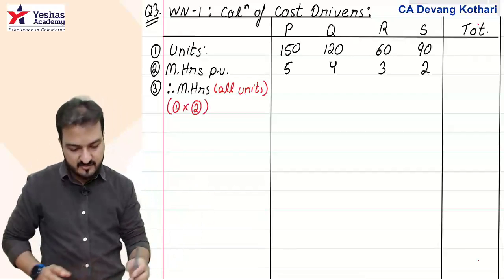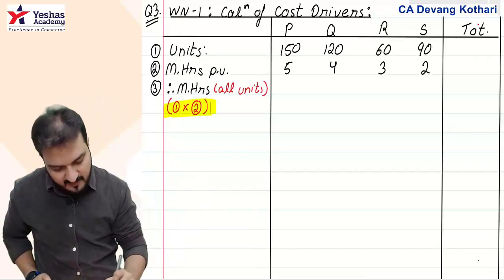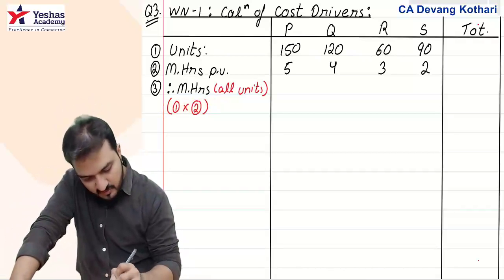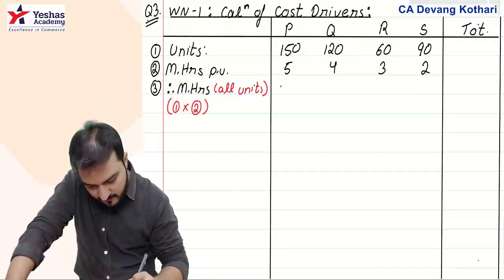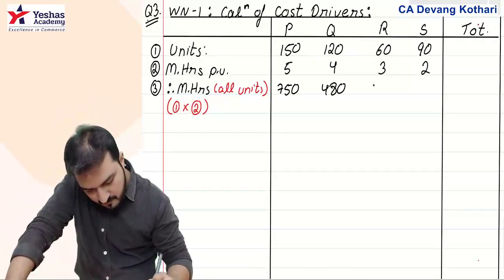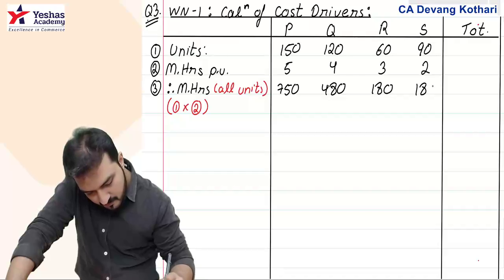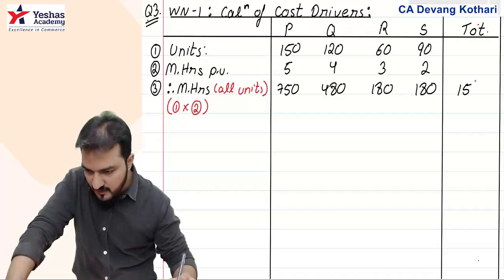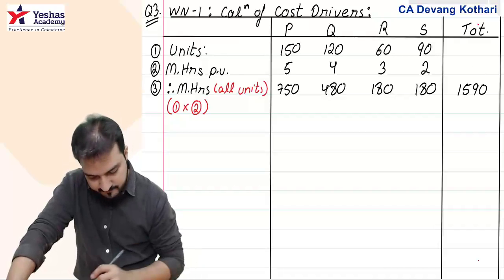I hope you understand the calculations that I'm explaining like this here. Point number 1 into point number 2, we put that as machine hours for all units. That is how you get total 1590.